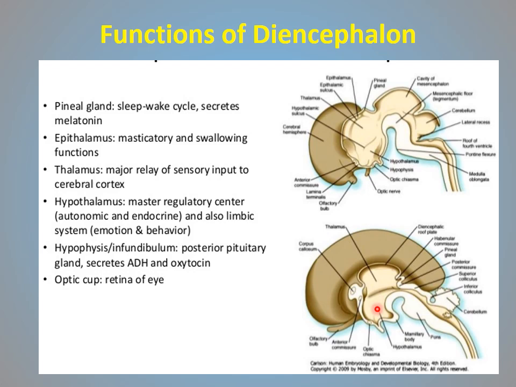The hypothalamus is a master regulatory center, that is, it controls the autonomic, endocrine and limbic functions. The hypophysis or the pituitary gland, which we'll discuss later on in the next lecture, secretes various hormones. The optic cup gives rise to the retina of the eye, which also develops from the diencephalon.